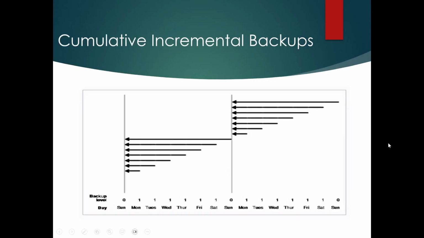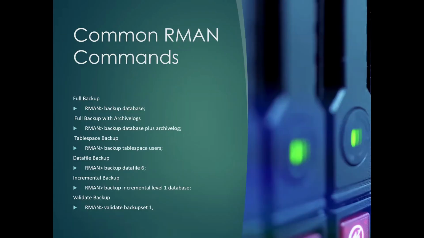Likewise with cumulative backup, say the L0 is 100 GB and on Monday you take 20 GB. Then on Tuesday you take those 20 plus the new changes, apart from the L0 backup as well. So the major difference is that cumulative backups consume more space.